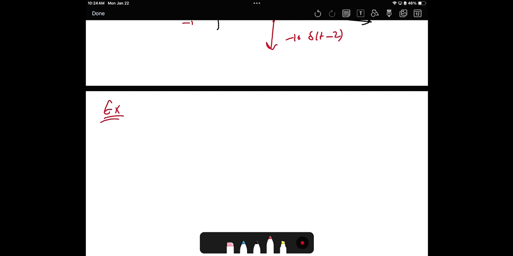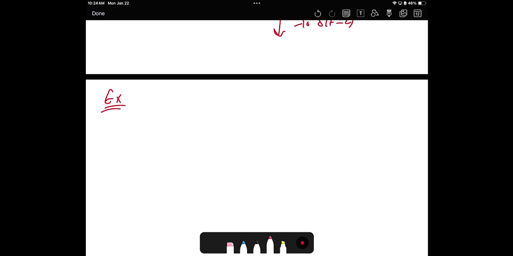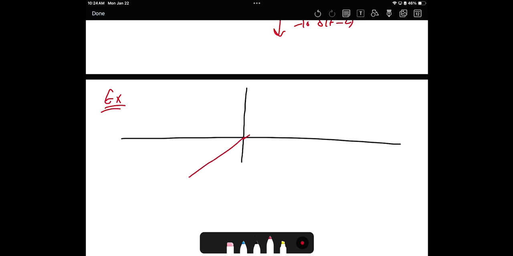Another example here. We have f of t as this class, and we need to do the derivative. Okay?